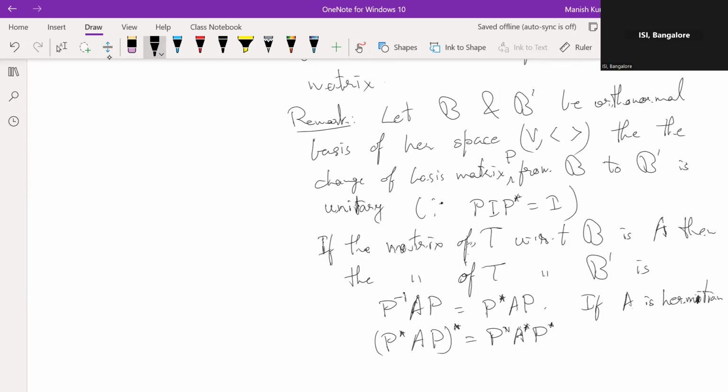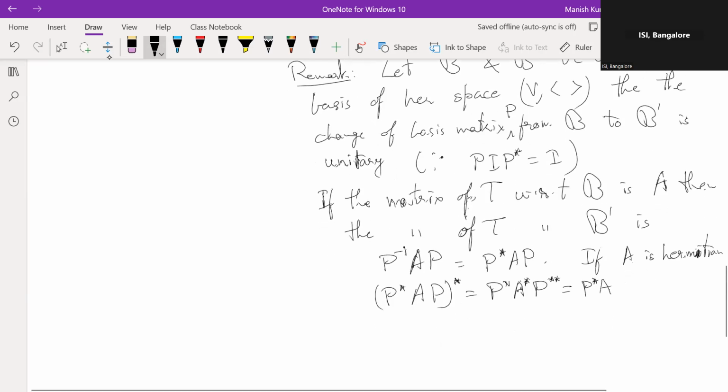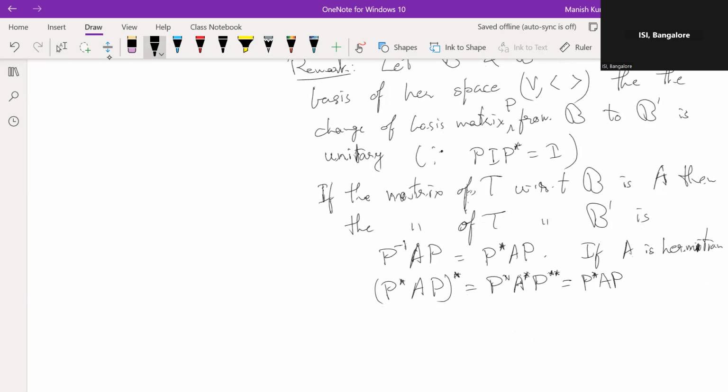But A star is the same as A, and we know that P double star is the same as P, which means that P star AP is also Hermitian.